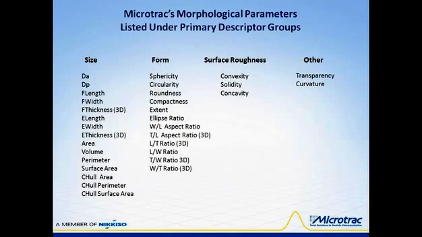The 12 form factors include a number of different parameters that indicate how closely the particle is to being a perfect sphere, or various aspect ratios of the particle. Surface roughness parameters are just that. 3 different parameters can indicate the roughness factor of the particle surface. Other specialty parameters report the overall light intensity coming through the particle and the curvature of the particle as a gradient of light intensity.